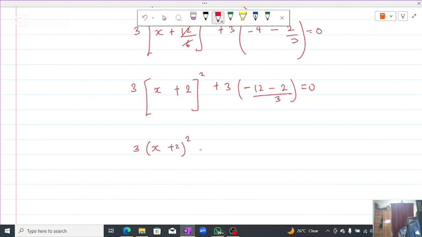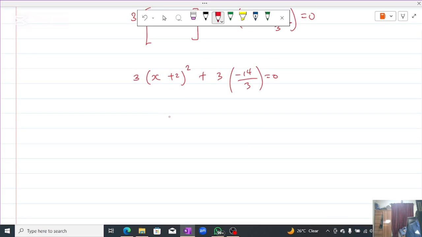Okay, then plus 3 in bracket of minus 14 over 3 equal to 0. So I have 3 in bracket of x plus 2 square, this will surely cancel this. Then I have plus minus 14 equal to 0. That will be 3 in bracket of x plus 2 square minus 14 is equal to 0.